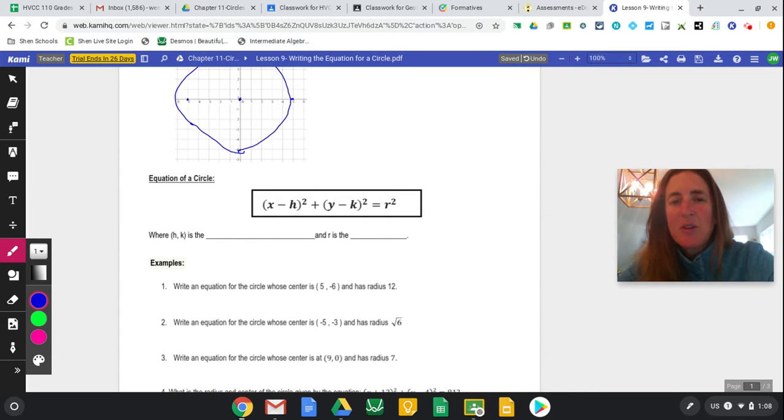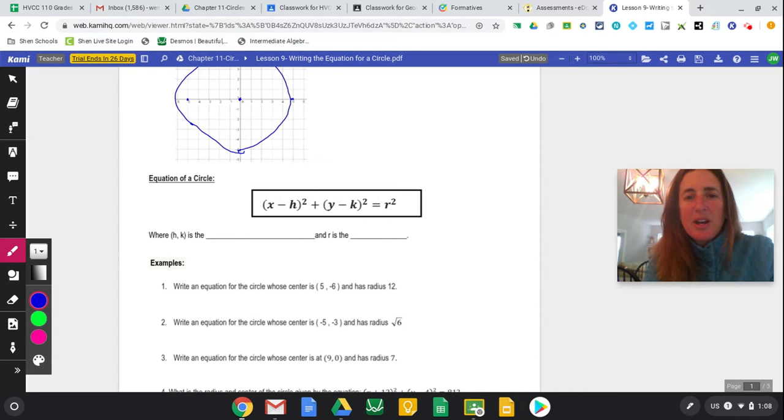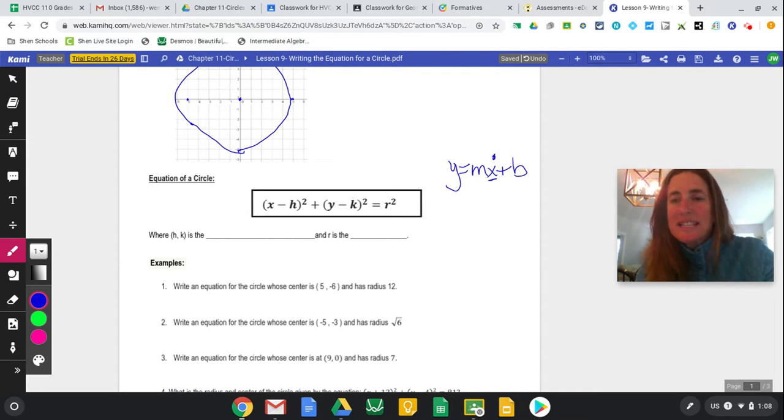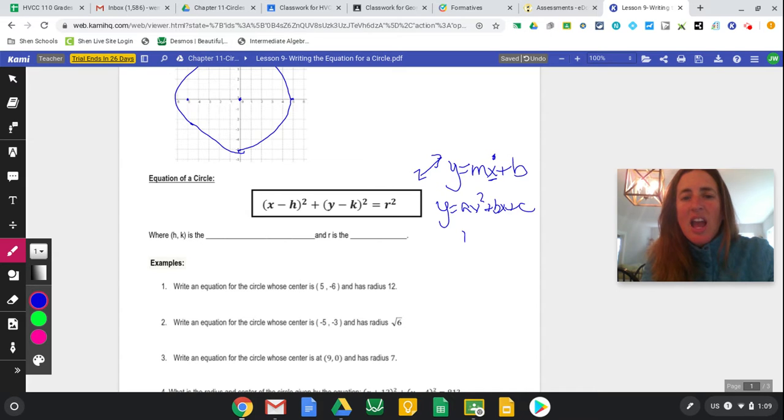First of all, if you think back to last year in your algebra, y equals mx plus b is an equation of a line. The x is to the first power, so it's a linear equation. Then you had y equals ax squared plus bx plus c, and that made your parabola.